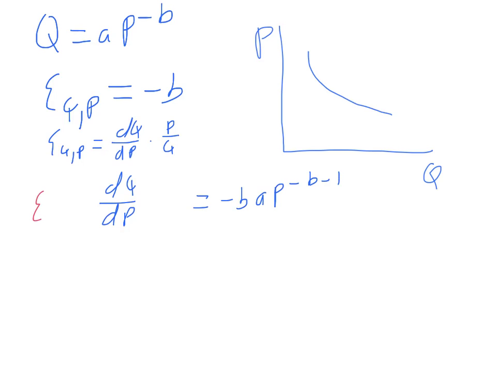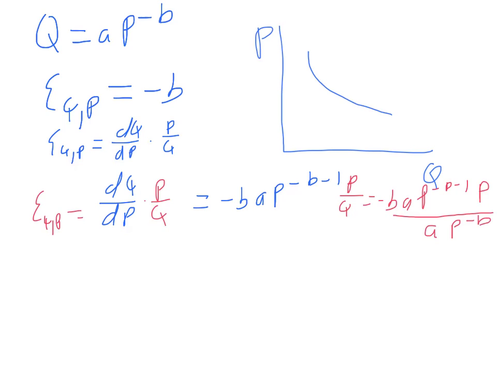To get the elasticity, we multiply dQ/dP by P over Q, which is equal to negative b, a, P to the minus b minus 1, times P, over Q. I'm going to substitute in for Q, a, P to the minus b.